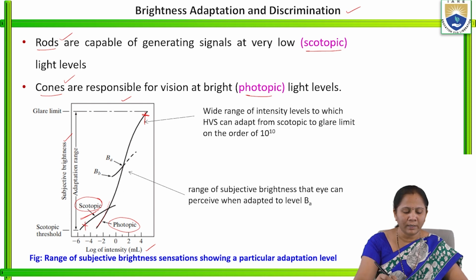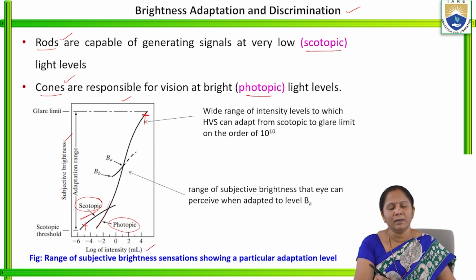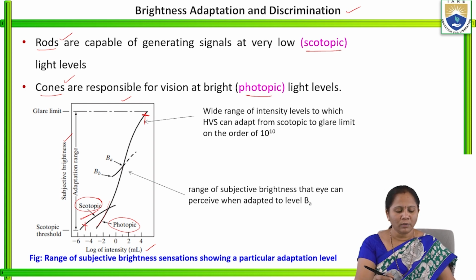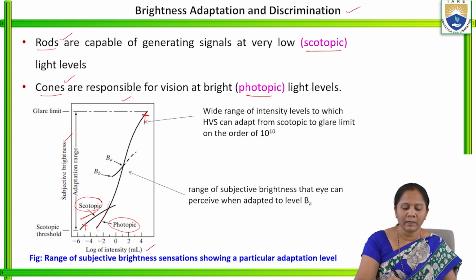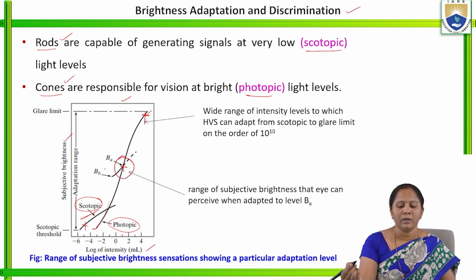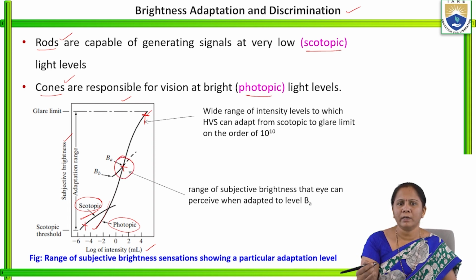So the person cannot visualize both things simultaneously. That is why it is not possible to cover the entire range from minimum to maximum, so we are going to consider somewhere at this point where the thing needs to be managed.